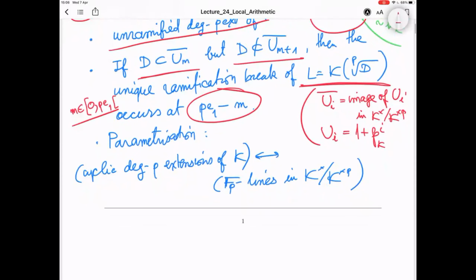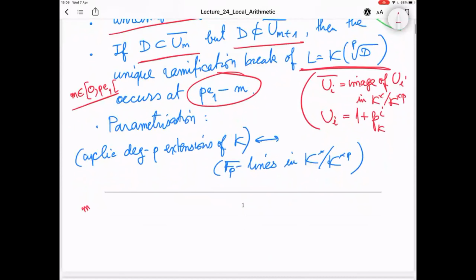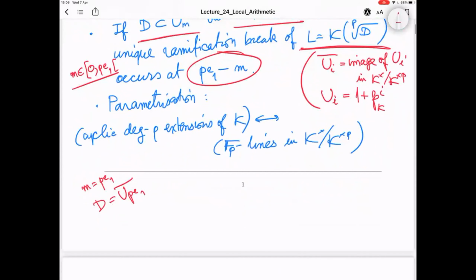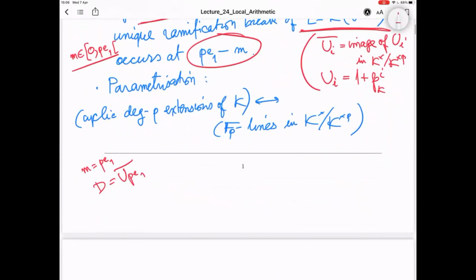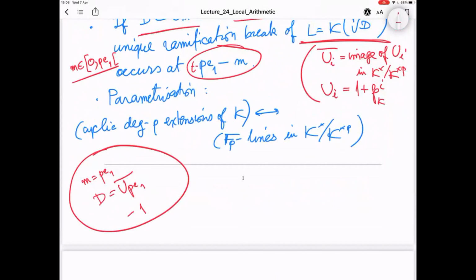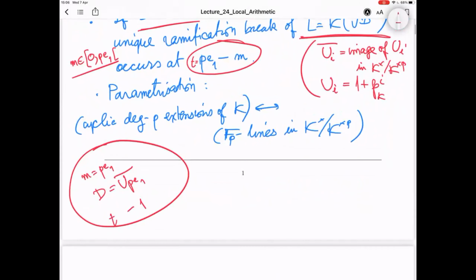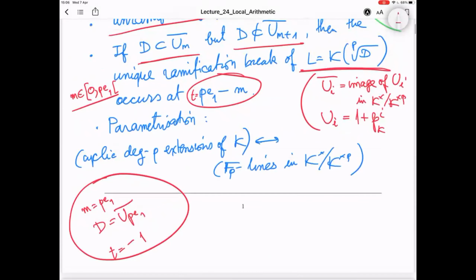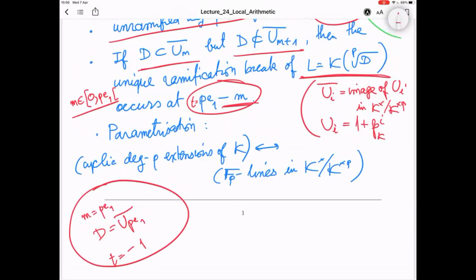If m is equal to pe1, then of course this D will have to be equal to U_{pe1} bar, because there's only one line. This is of dimension 1. And the unique ramification break occurs at -1, because it gives you the unramified extension. So if you call it t in general, then t is -1 in this case, but t is equal to pe1 minus m in general, if m is from 0 to pe1 minus 1.